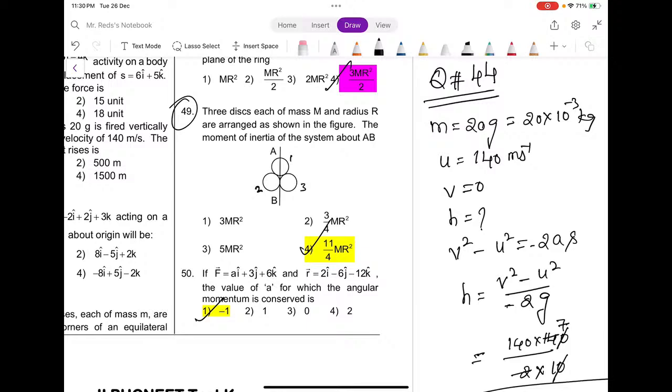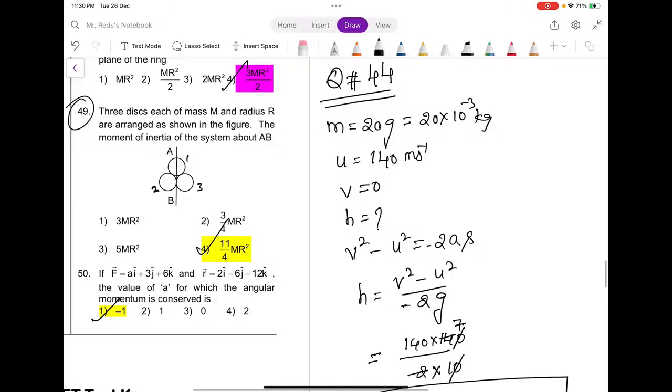The axis is passing through the tangent lying in the plane of the discs for discs 2 and 3, but the axis is acting as a diameter for disc 1. So the total moment of inertia of the system is equal to the moment of inertia of the first body plus that of the second body plus that of the third body.